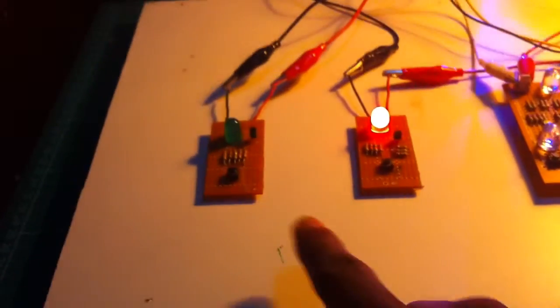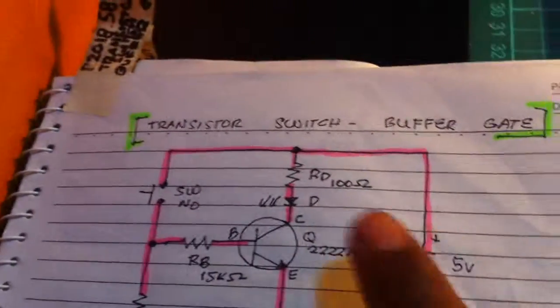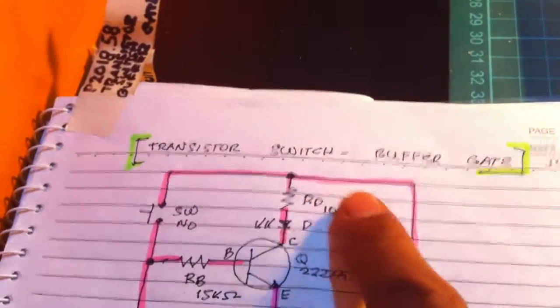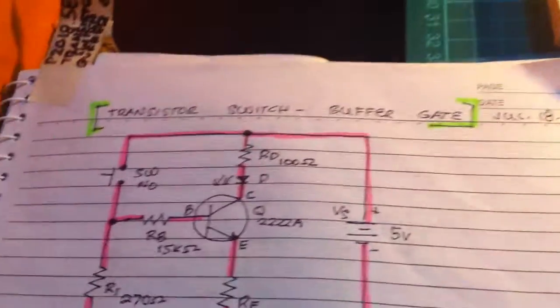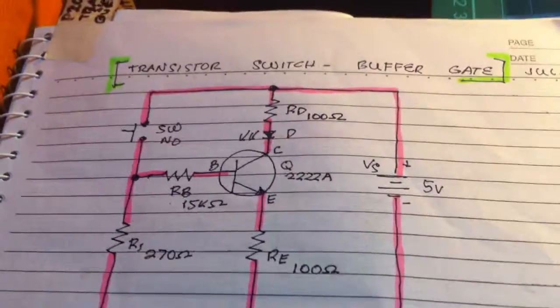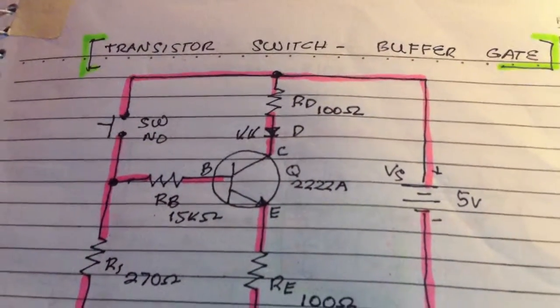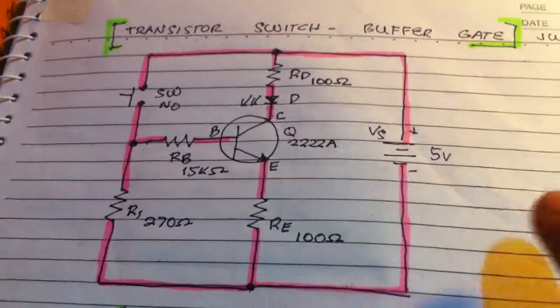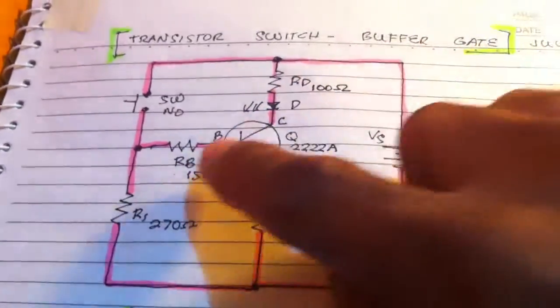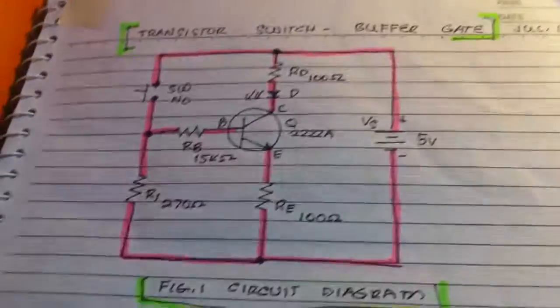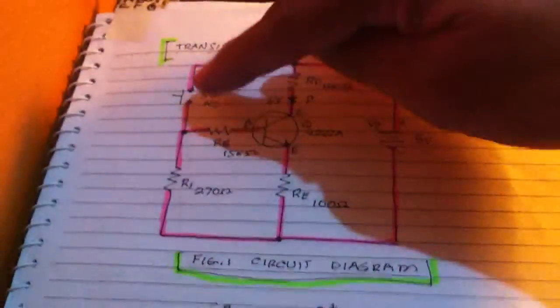The circuit of this one is this: transistor, switch, buffer, gate. This is the circuit diagram. We have a 5 volt supply here, transistor, resistors, and a push button.